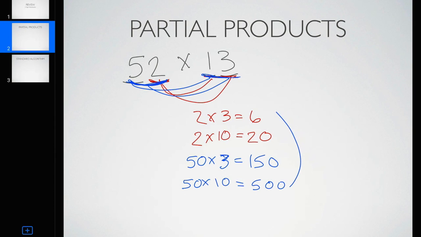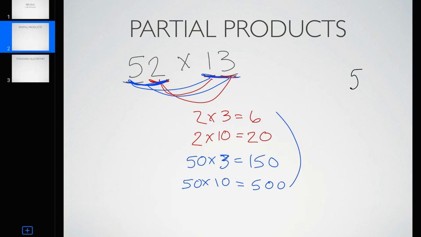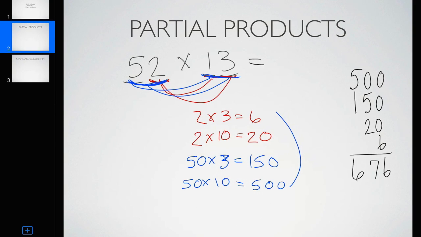Then you take these and you add them together. So I'm just going to go back to black and stack these nice and neat so that they're lined up by place value so that I can add them. 6, 7, 6. So the product is 676.